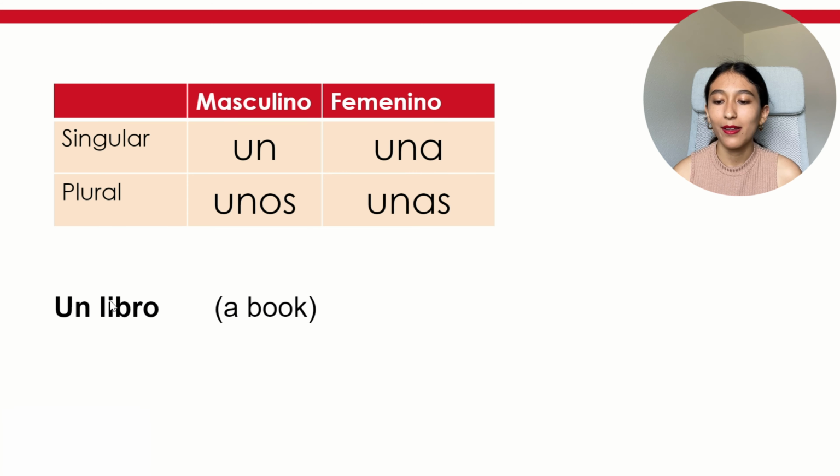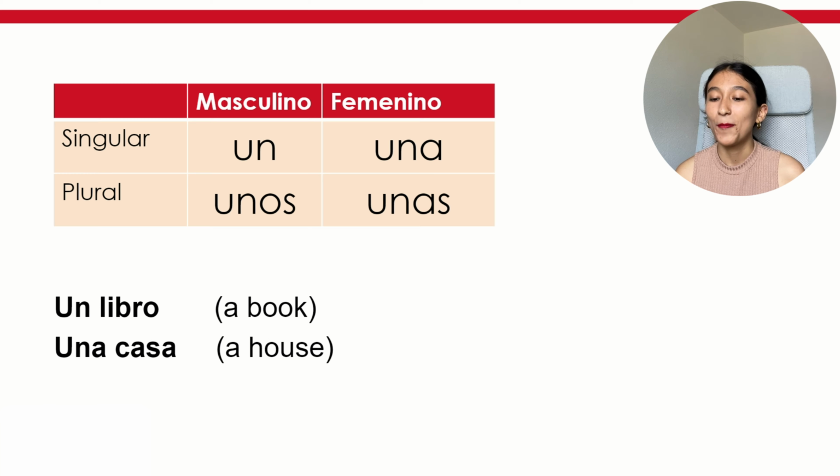Libro, it's a masculine word and singular. So that is why we use un. Then also singular, but this time feminine. When we're referring to feminine nouns, we use una. Una. Por ejemplo, una casa. Casa, it's a feminine word and it is this time singular. That is why we say una casa.